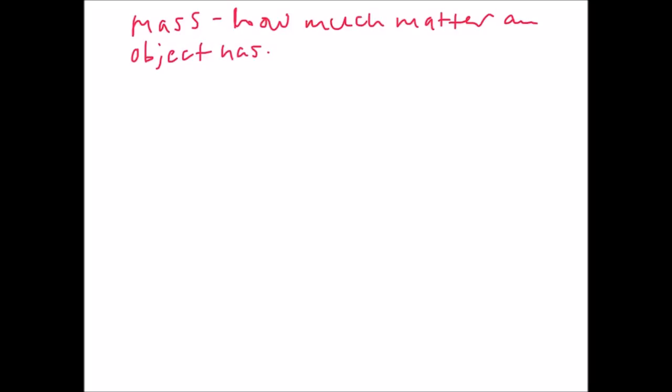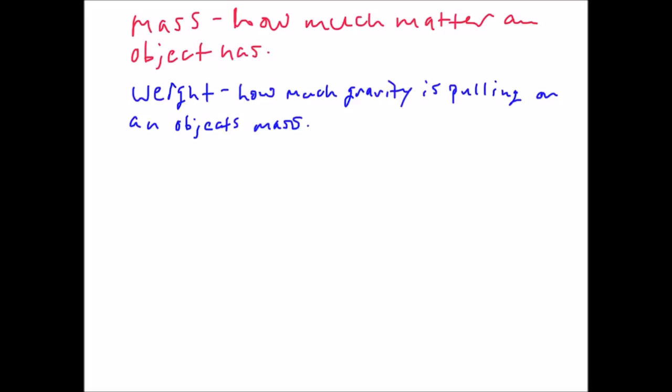Okay, let's go ahead and define mass for a second. Mass is how much matter an object is, and it is different from weight. Weight is how much gravity is pulling on an object's mass. So your weight can change, but your mass will not. What I'm talking about is like if you were traveling from the Earth to the Moon.